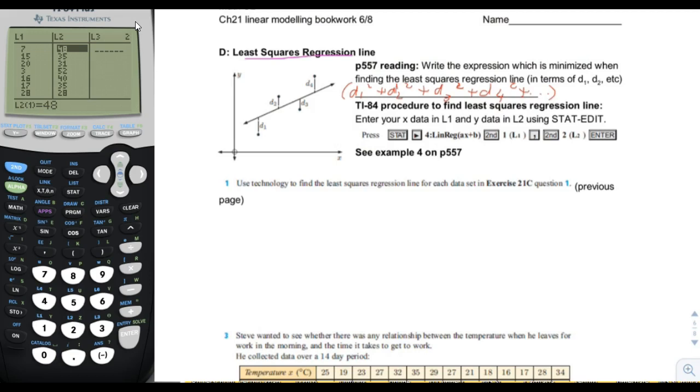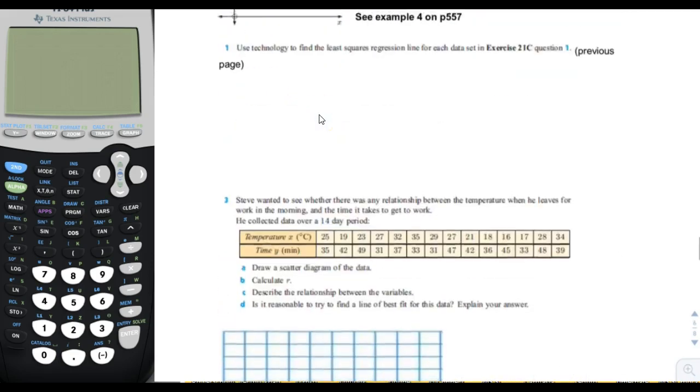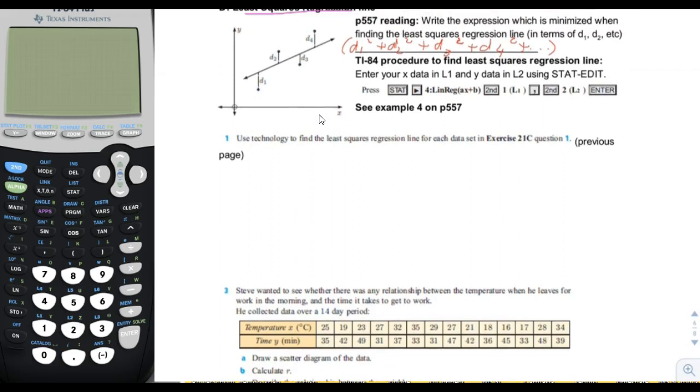Okay. And it turns out that when you minimize this, you get the least squares line. The calculation to find the least squares slope and the least squares line y-intercept is not a complicated calculation.